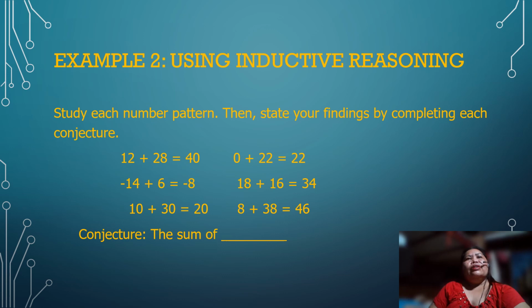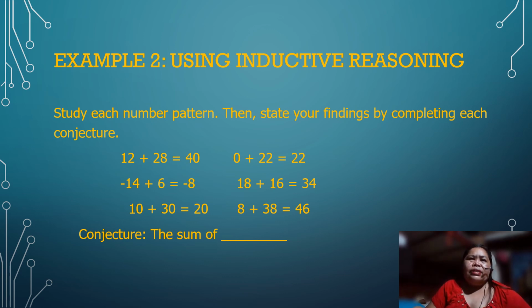Now you have another example. Let's study each number pattern and state your findings by completing its conjecture. So here we know that 12 plus 28 is 40. Negative 14 plus 6 is negative 8. 10 plus 30 is 40. 0 plus 22 is 22. 18 plus 16 is 34. And 8 plus 38 is 46.